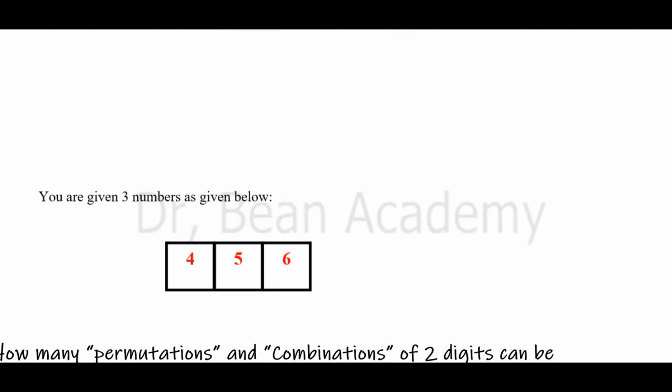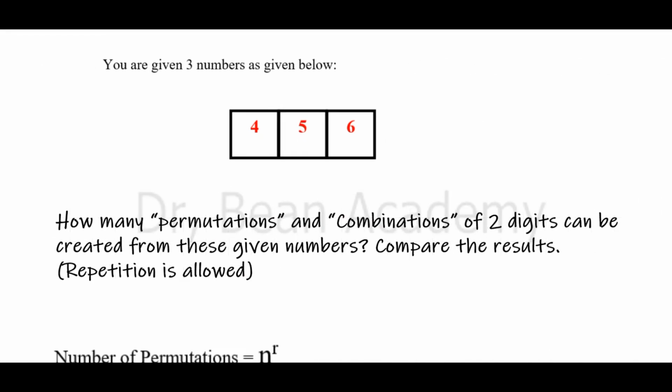Now let's take a similar example to the one we did when repetition was not allowed, and now repetition is allowed. So we are given 3 numbers, 4, 5 and 6. N is equal to 3 and R equals 2, because we want to know how many 2-digit numbers I can make.